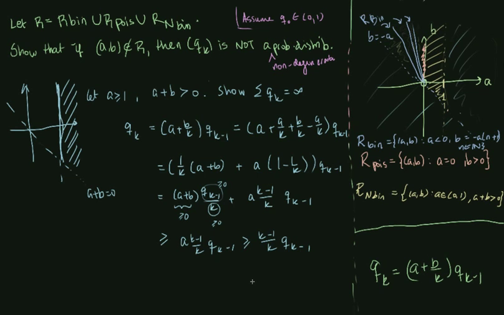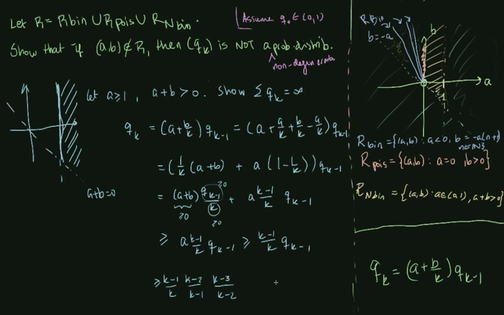Let's just try to look at what this is. Well, QK minus 1 satisfies the same relation as QK does. So this is actually greater than or equal to K minus 1 over K, and then K minus 2 over K minus 1, QK minus 2. But I could just carry on and say that's greater than or equal to K minus 3 over K minus 2, and then QK minus 3.